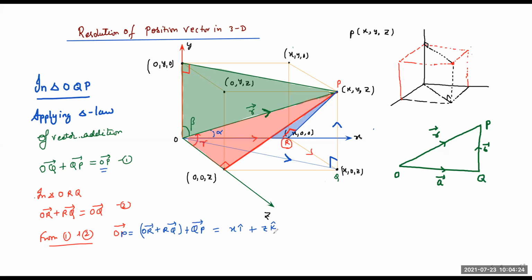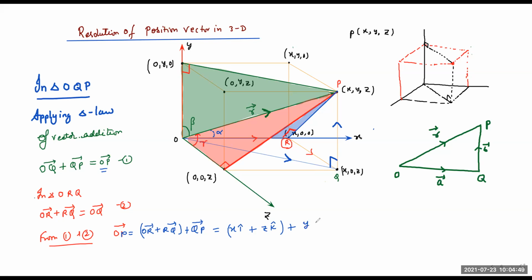So x i cap plus z k cap is the OR plus RQ vector. Now, what is the QP vector? Can you see which direction it is pointing? Sir, it's the j cap. Correct. So what is the value? It is parallel to the axis, so it will have only y.